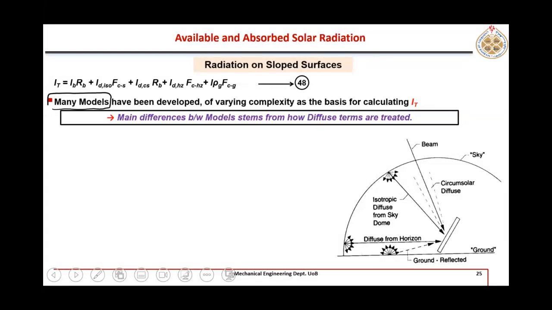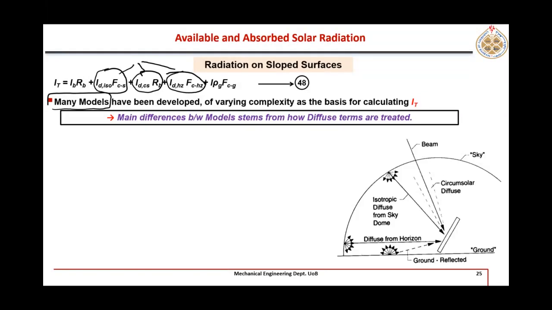There are many radiation models developed of different complexity. All those models are different from each other based on how they treat these diffuse radiation terms, right? So there are different types of models which treat these diffuse terms differently.